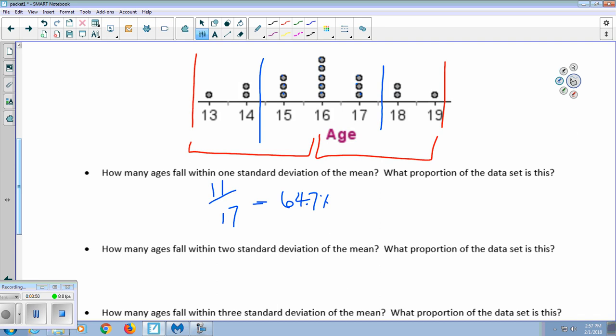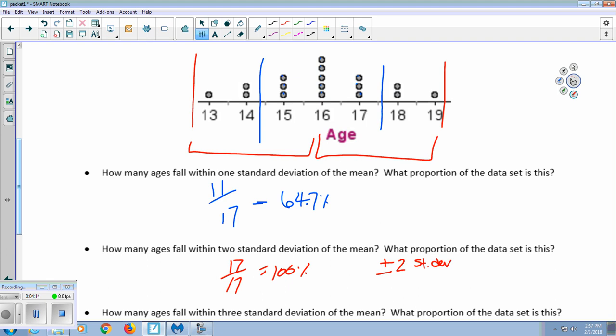How many fall within two standard deviations? We just talked about that. Actually, all of ours do. So that's 17 out of 17 observations, which is 100% of our observations falling within plus or minus two standard deviations.